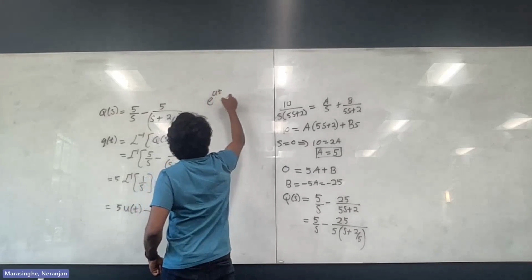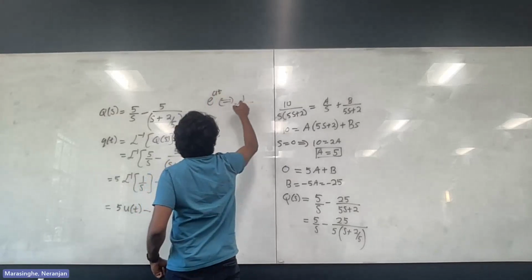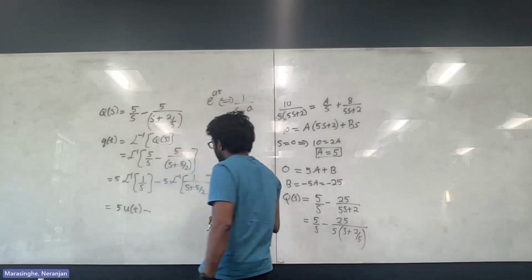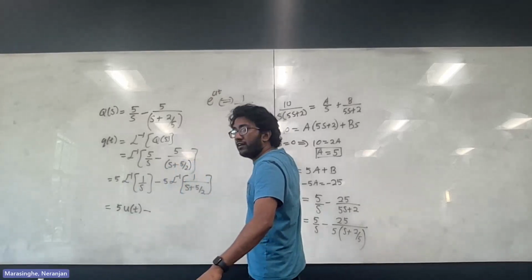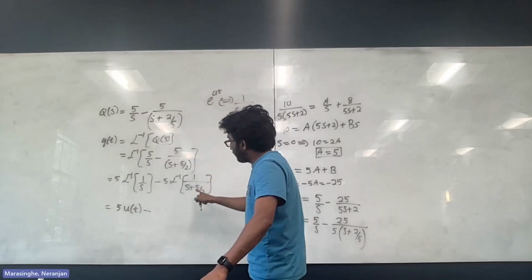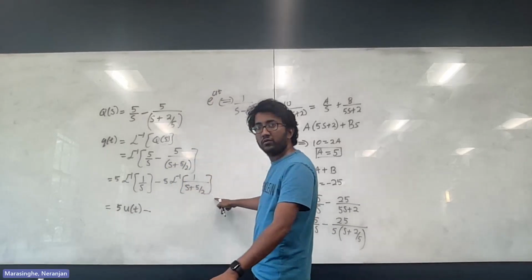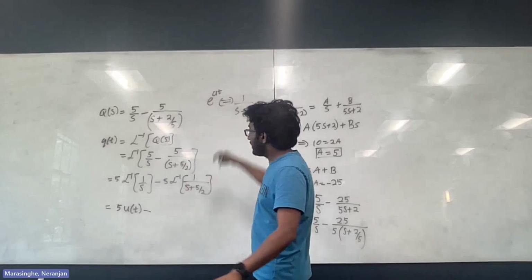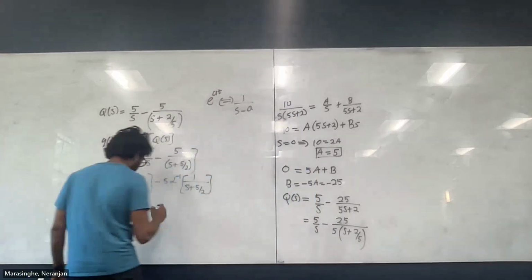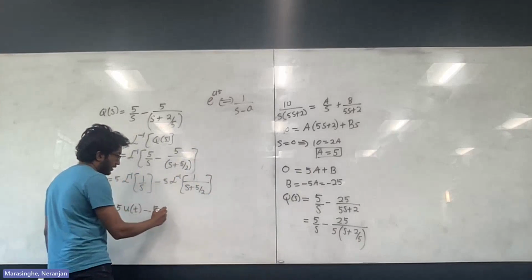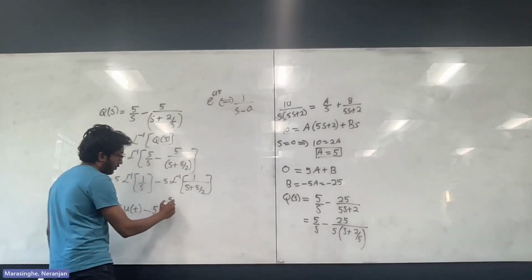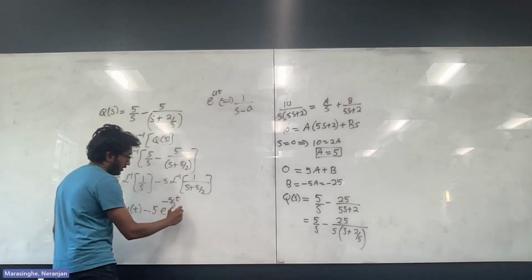Laplace of e to the at is 1 divided by (s minus a). So if I replace a by negative 5 divided by 2, what would I get? I would get s plus 5 over 2. Okay, so a should be negative 5 over 2. So the inverse Laplace of this one is e to the negative 5 over 2 t.